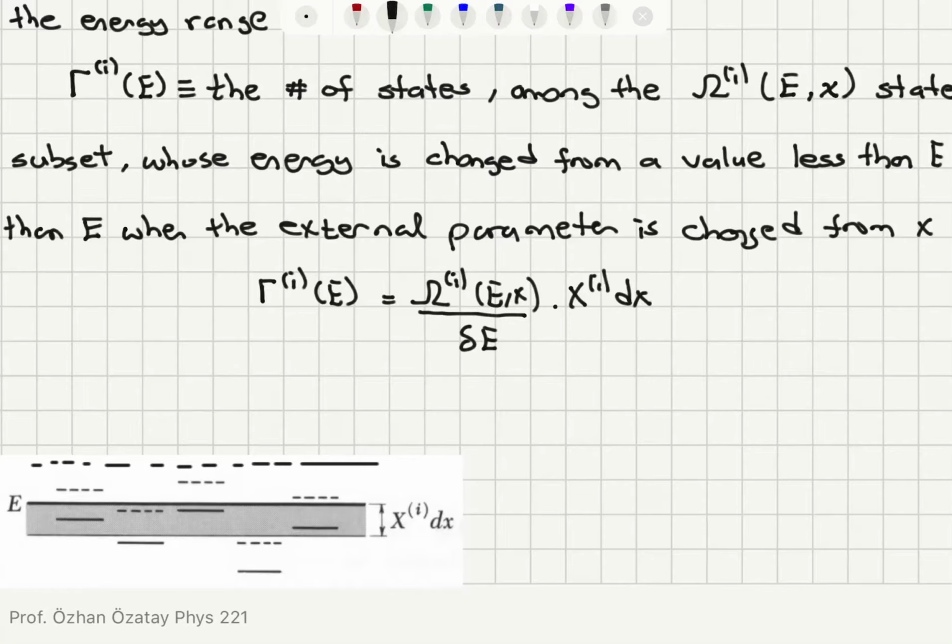You can see that this is E, and the width of this range is given by delta E. There are some states below the level E by an amount xi dx, which is my dE. They're all shifting by an amount xi dx and entering this range, and of course some will be leaving this range by the same amount. So we have the freshly created levels within this range.